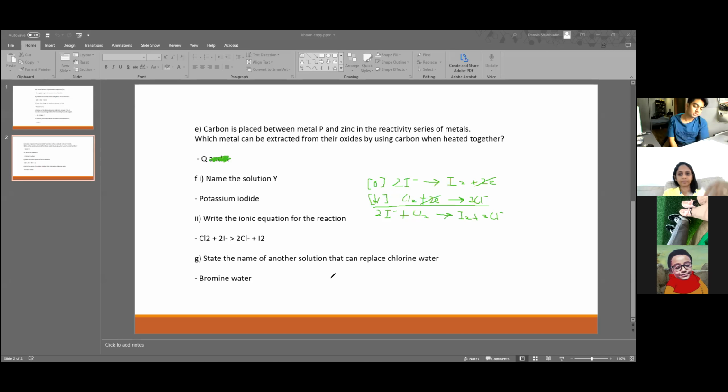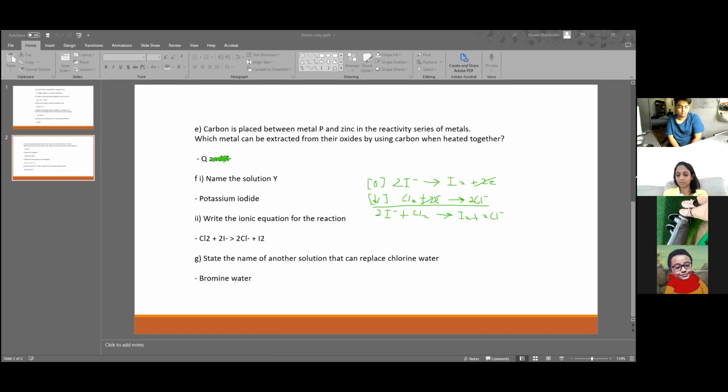Yeah, understood. Alright, Darvis. So the last question is, they ask what is another solution that can replace chlorine water. We have iodide, right?